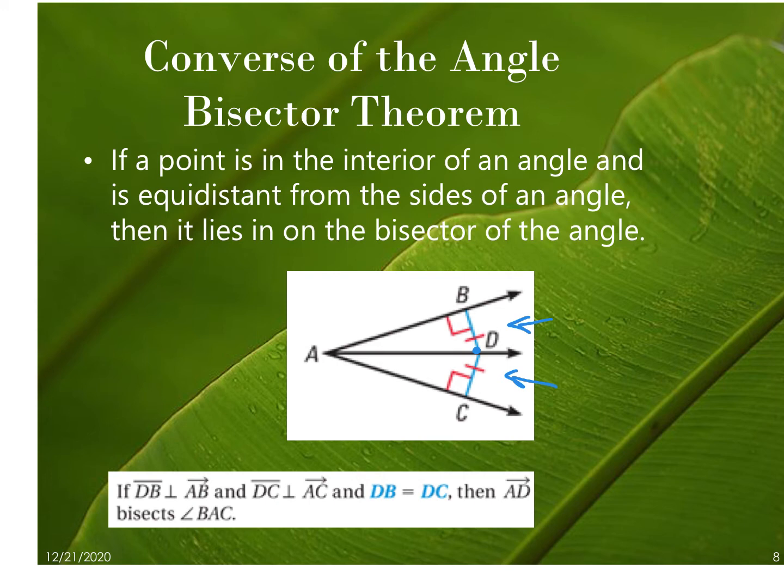If DB is perpendicular to AB and DC is perpendicular to AC, and we're given that DB and DC are congruent, then we know that ray AD is bisecting angle BAC. So then we can say that this angle is congruent to this angle.